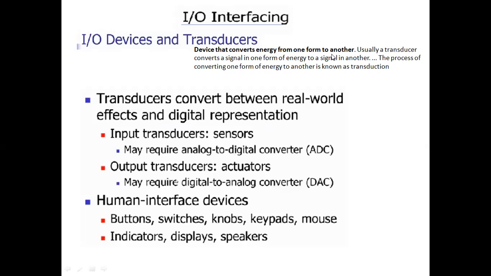Because according to the law of conservation of energy, energy can neither be created nor destroyed, but we can convert energy from one form to another. Hence, transducers are the circuits or devices which convert the physical signal into an electrical signal.